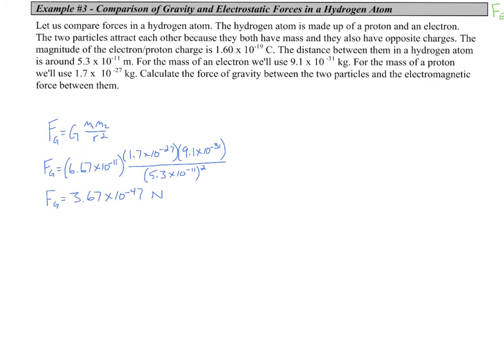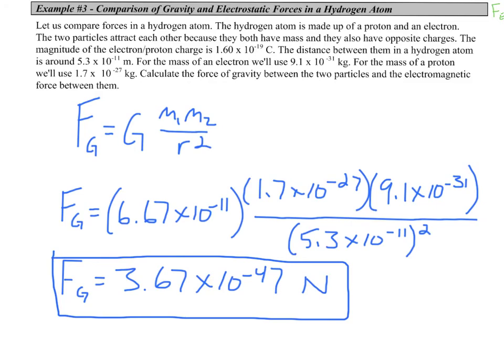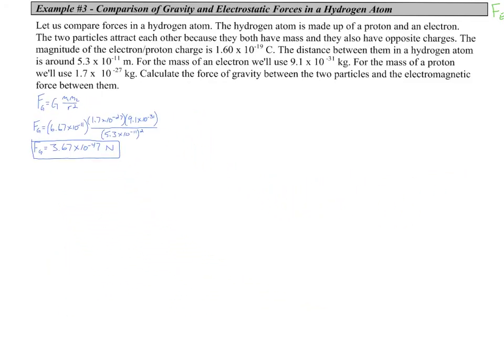When we apply Newton's universal law of gravitation to the force of gravity between a proton and an electron, we end up with 3.67 times 10 to the negative 47 newtons. Well, that is not a lot of force. So let's take a look at the electric force.